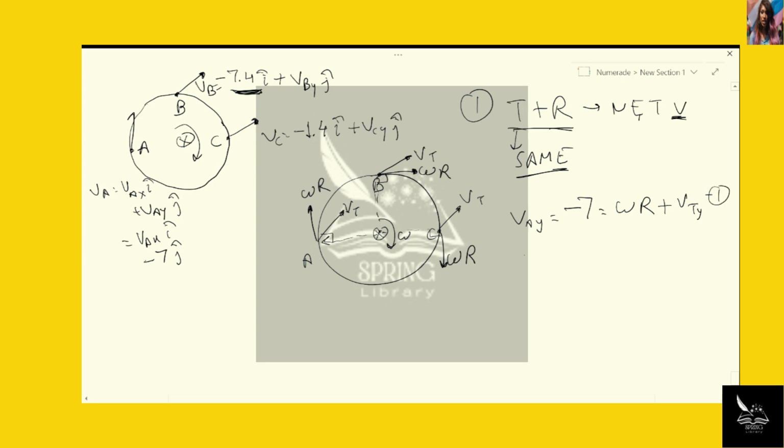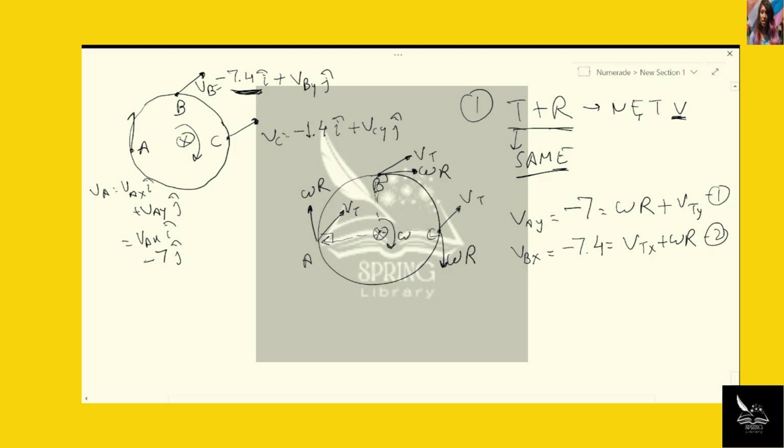And then we know VBx. So for VBx, the equation will be minus 7.4. This is given. And then if we look at the vector diagram at point B, then Vt is going to contribute towards x. So Vtx plus omega r will be minus 7.4. This is equation 2.